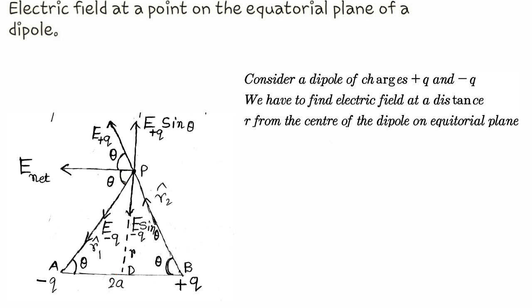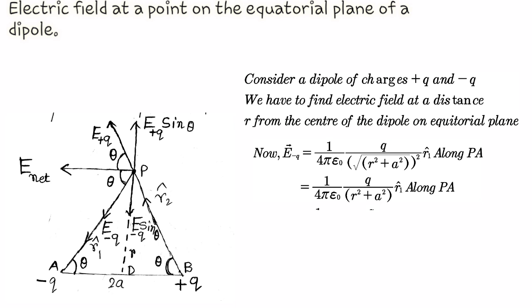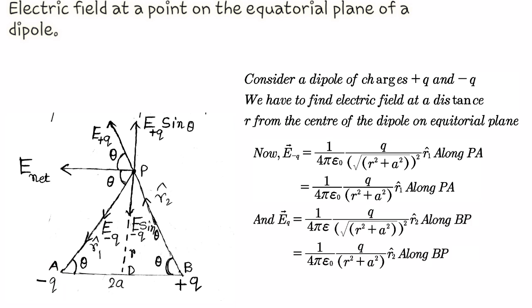Now the electric field at point P due to the minus q charge is equal to 1 by 4 pi epsilon naught q by (root over of r square plus a square) whole square into r1 cap. It is along PA, where root over of r square plus a square is the distance between minus q and the point P.